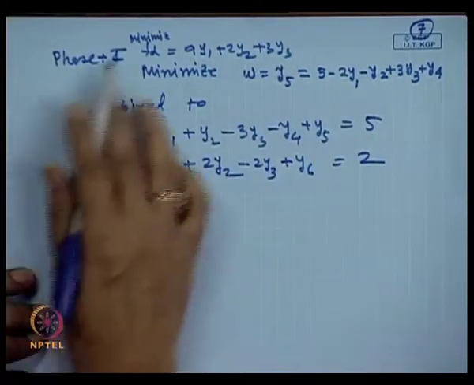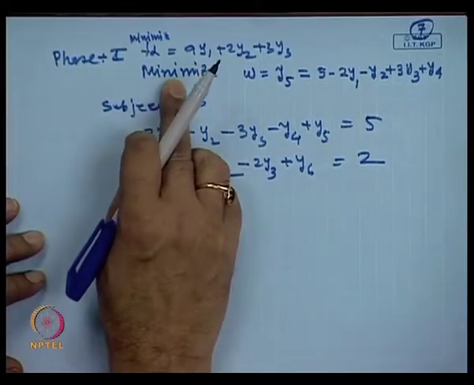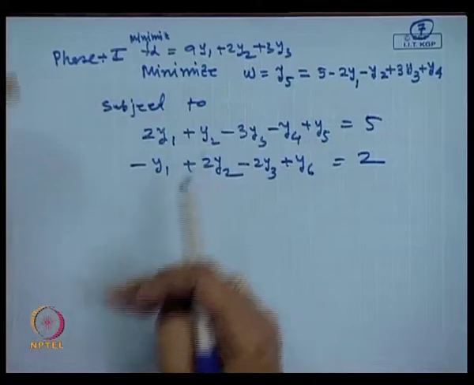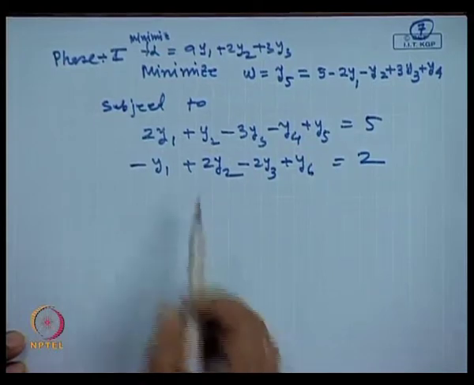So, in tabular form we have to minimize this first in phase 1, then in phase 2 we have to minimize the other one. So when you work in tabular form, you have to write both functions simultaneously, agree.